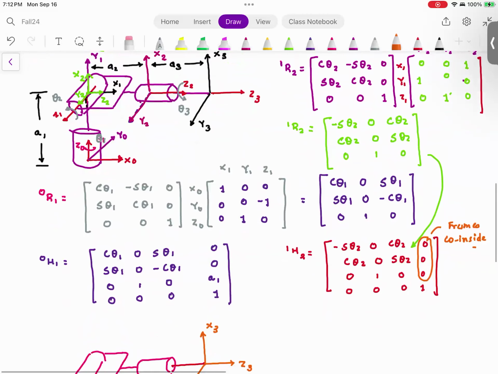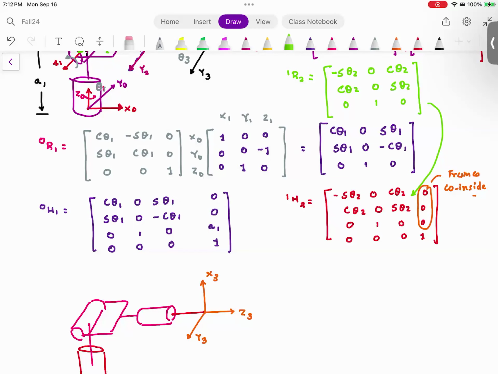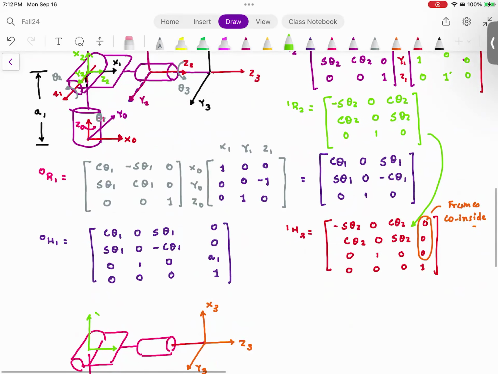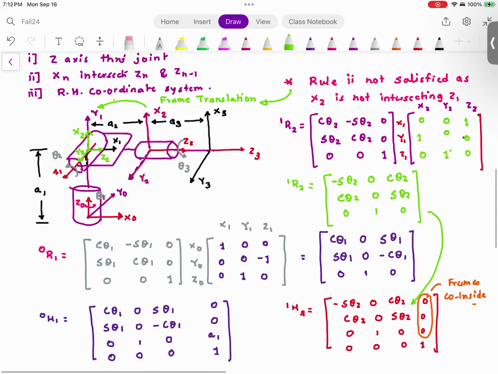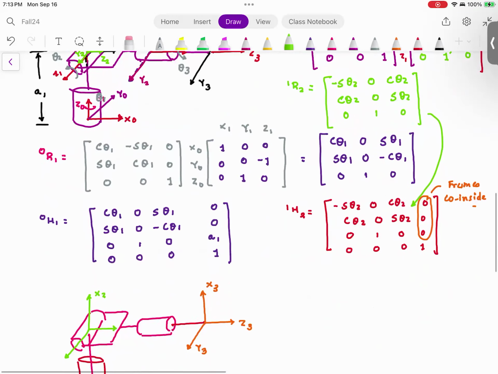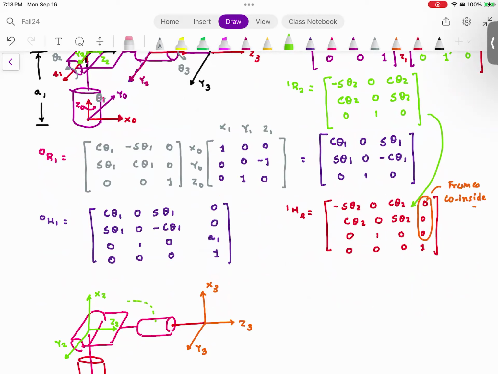And for the sake of solving this problem, what we have is we have x2, we have y2, and we have z2. So this frame was over here, but this frame got translated from this point all the way to this point.